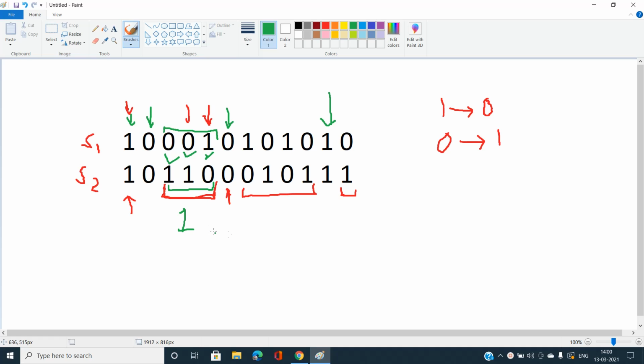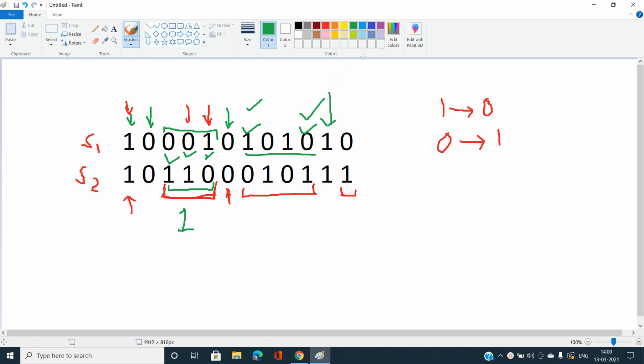And similarly in this case you can also see I am going to choose a segment starting from this up to this and flip all the characters of S1, so that 1 becomes 0 and 0 becomes 1. So it will be exactly equal to the S2 and the segment from L to R, that is, let's say L is this and R is this. So that is also satisfying the criteria.